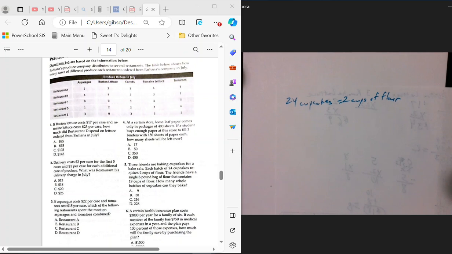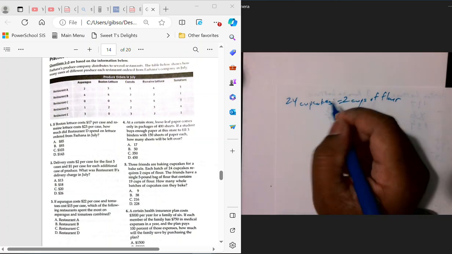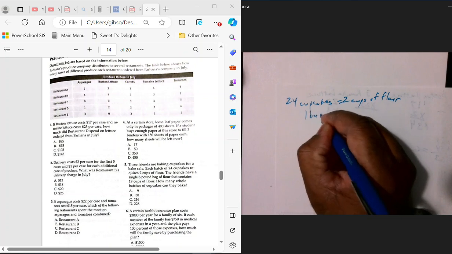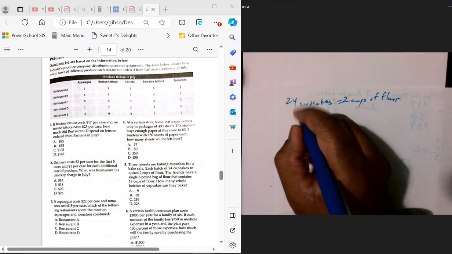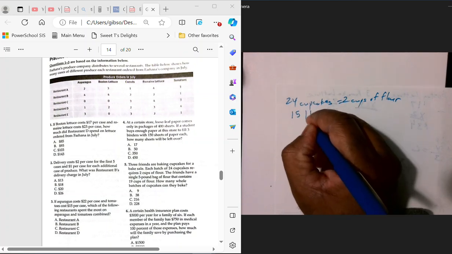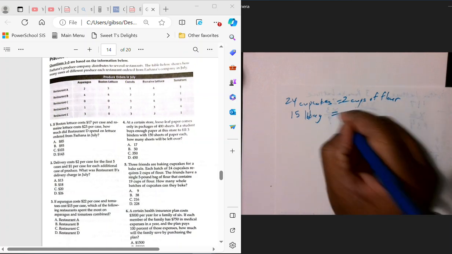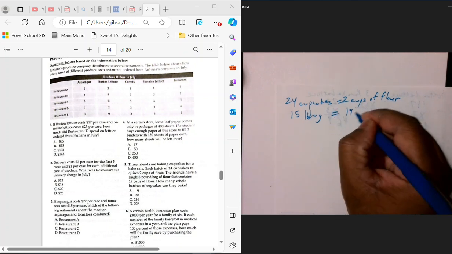So basically what we could do here, we don't necessarily need the 5-pound portion. It's already broken up into cups. So we have 1 5-pound bag that's equal to 19 cups of flour.